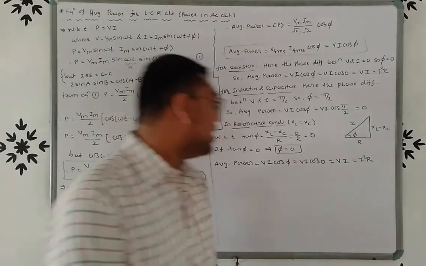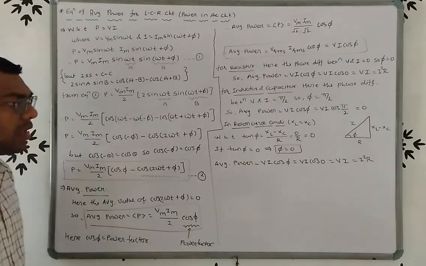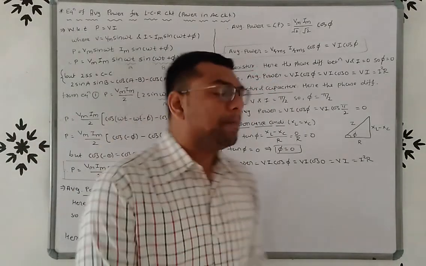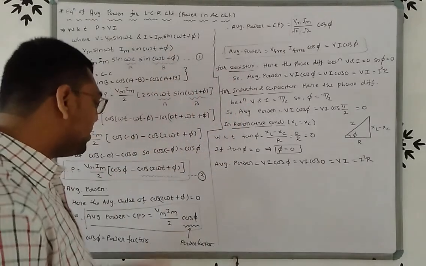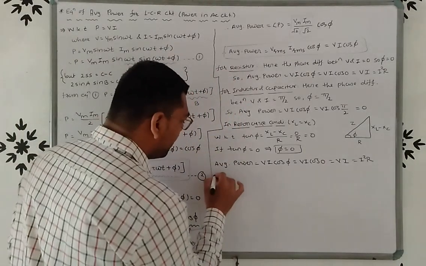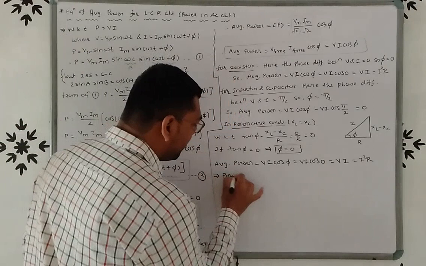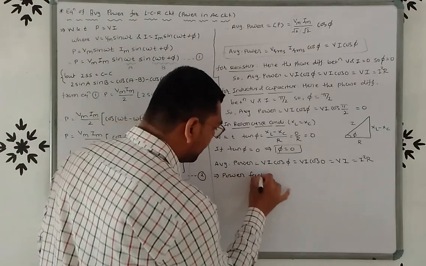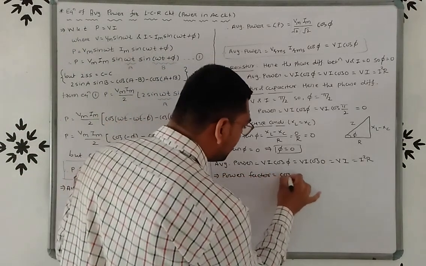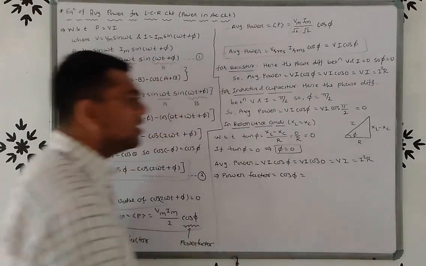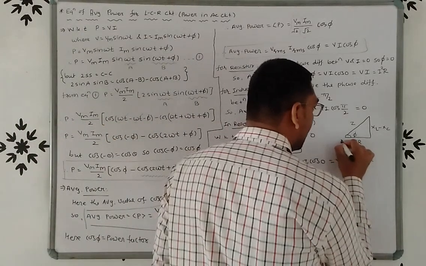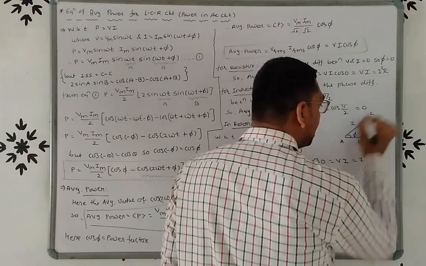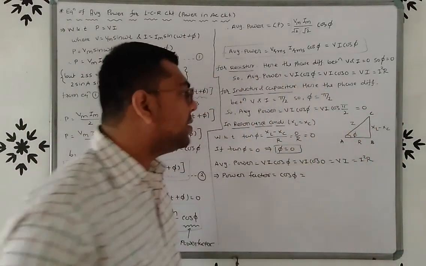Okay. Now, if you want to derive the formula of cos phi, which is known as the power factor, right? So power factor is equal to cos phi. Here this is A, B and C. Consider this triangle ABC.